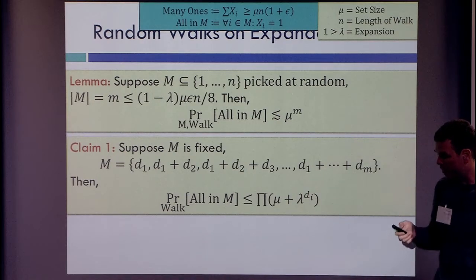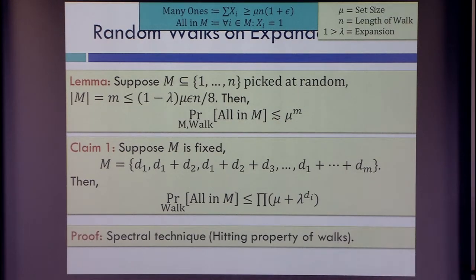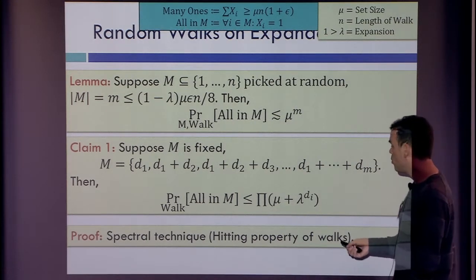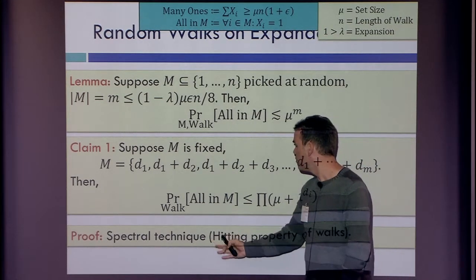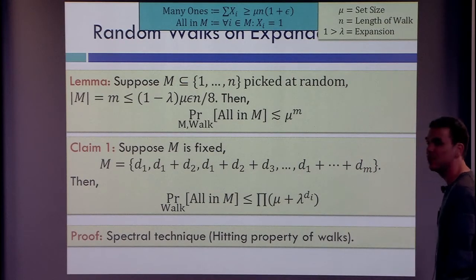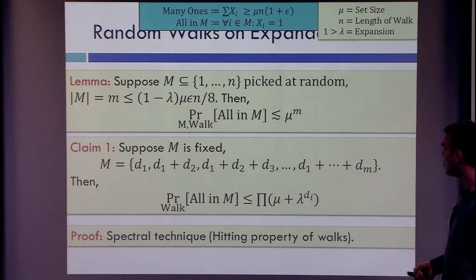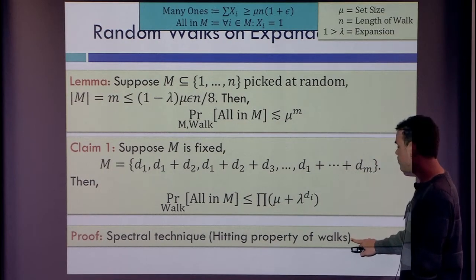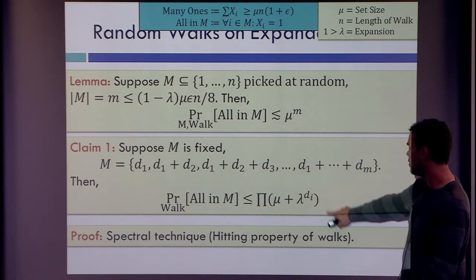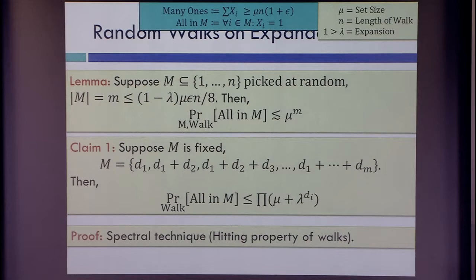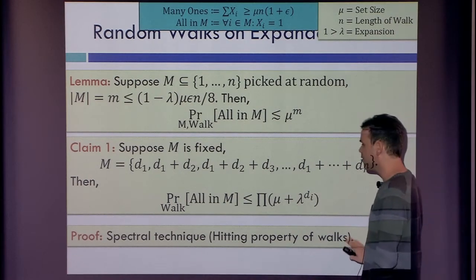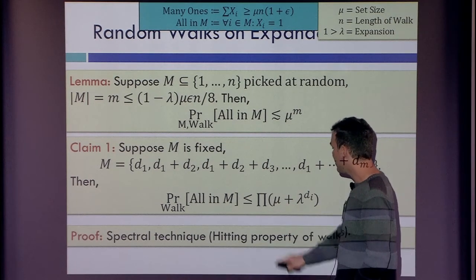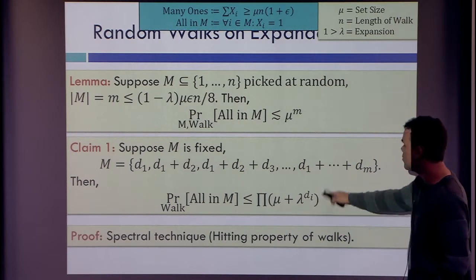And how do you prove this? Well, you go and you look what other people proved, and they proved this. This is something which is a hitting property of random walks. It's well known that this bound holds. I forgot to write down the reference. Does someone know who proved this? Yeah, but it's an old result. It's very well known. You do a spectral technique, so you just look this up.